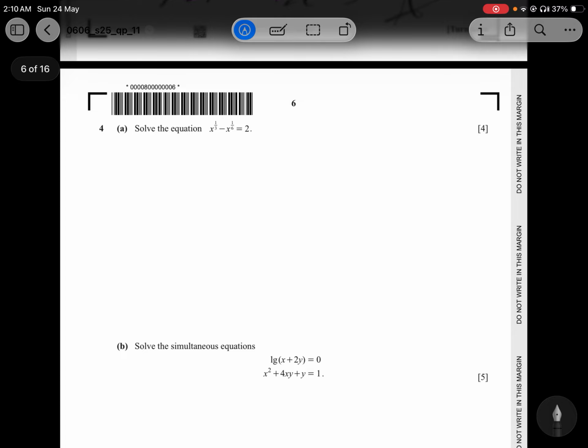Now question number 4, solve the equation. Oh my god. X to the power 1 by 3 plus x to the power 1 by 6 is equal to 2. What should I do right now? It's a 4 marks question. Nice. I'm feeling like I'm sitting for the SAT exam right now.